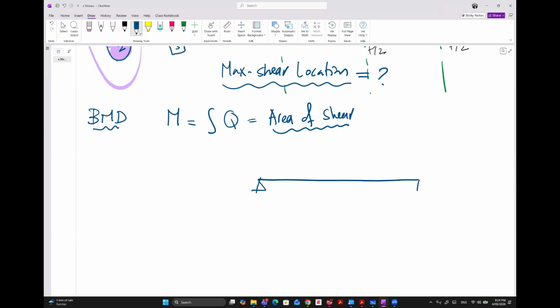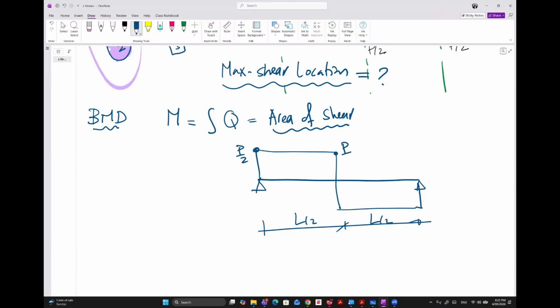So we already have the shear as we did. If this is our beam, so L over 2, L over 2, we have calculated the shear here as b over 2, b over 2, and b over 2, b over 2. This is positive and this is negative. This is our shear force diagram.